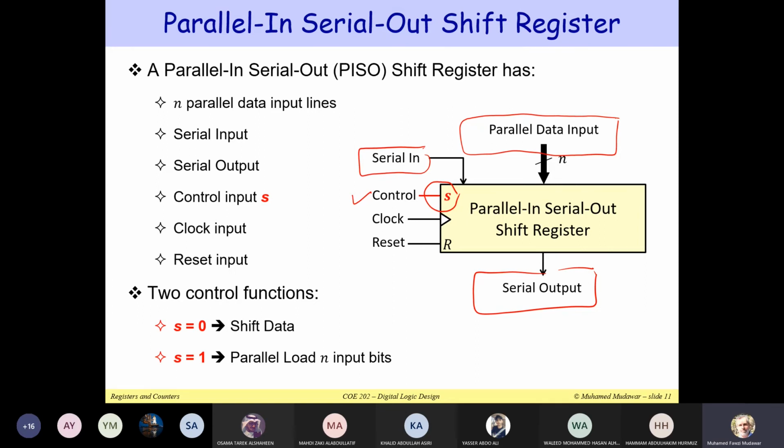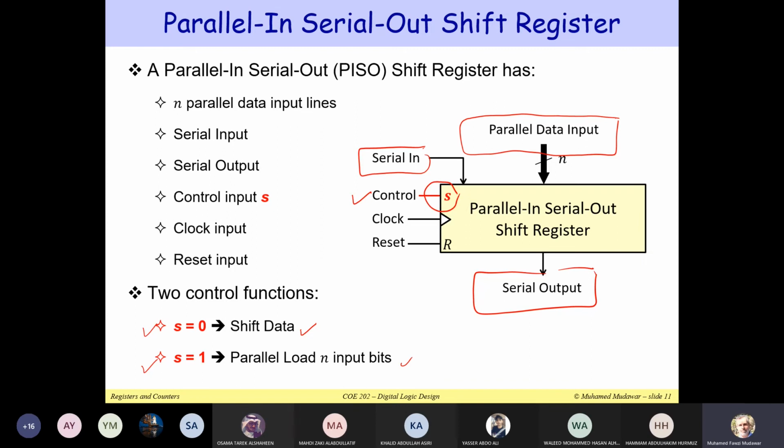For example, if S is equal to 0, I would like to shift my data. If S is equal to 1, I would like to parallel load my N input bits. So you see that we change the functionality of the shift register according to S. Here S is used for selection or control.